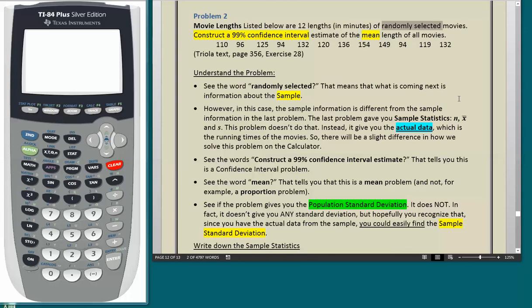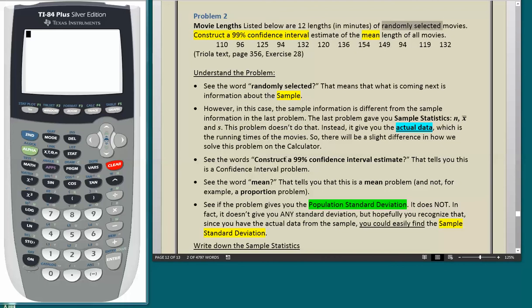The last problem gave you sample statistics, if you remember: n, x bar, and s. This problem doesn't do that. Instead, it gives us the actual data. That's right here, these 12 numbers. That data is the running times of the movies. So because of that, there will be a slight difference in how we solve this problem on the calculator.